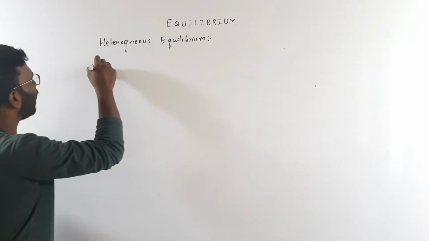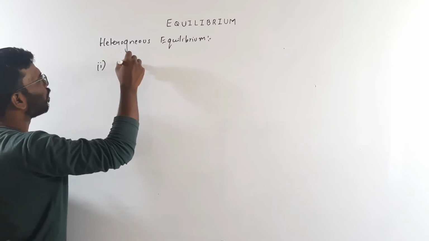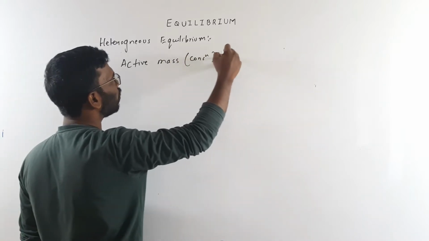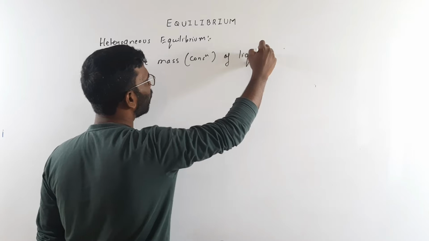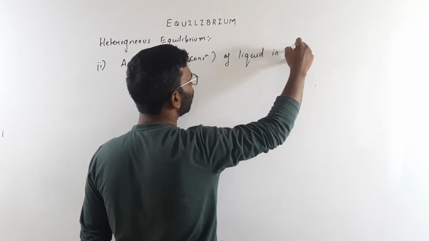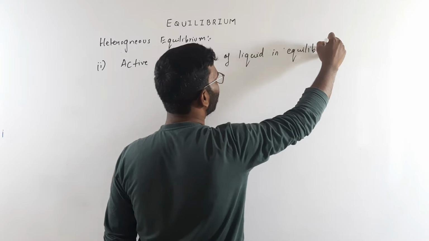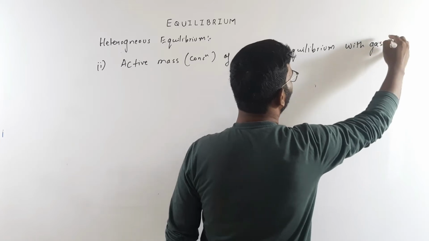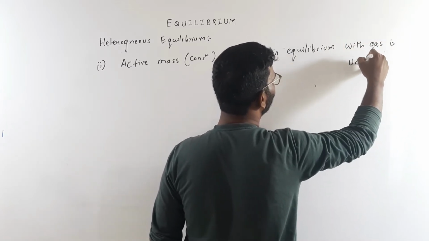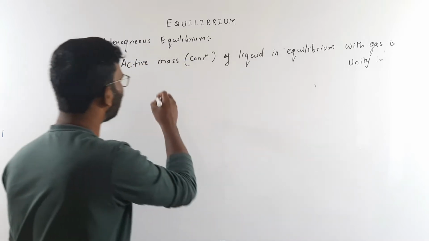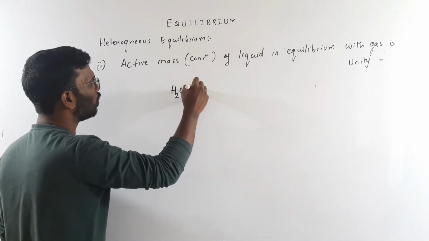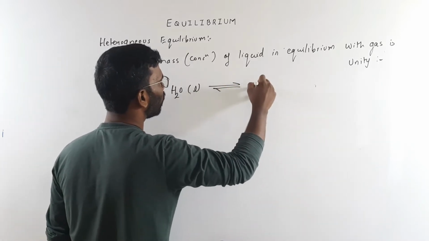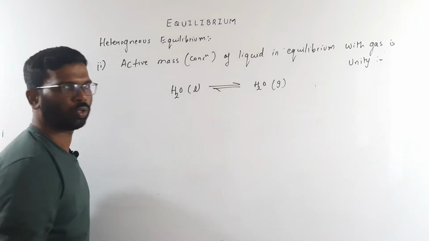Second is the active mass of liquid. The active mass, meaning the concentration of liquid in equilibrium with gas, is unity. Let's take a simple example: H2O liquid is in equilibrium with H2O gas, the evaporation process.